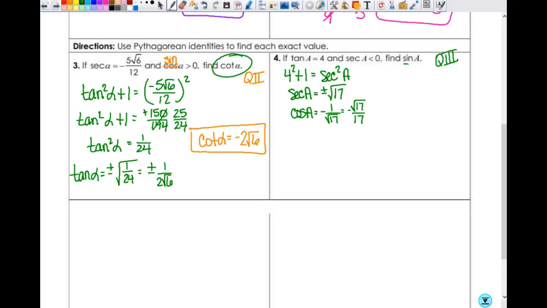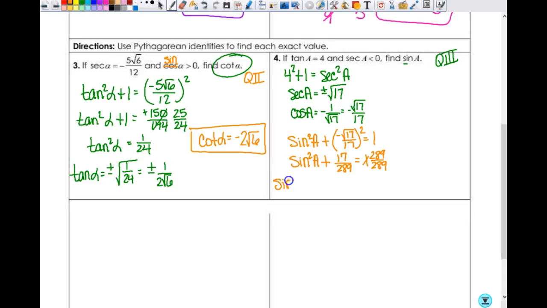And now that I have this, I can go and do the Pythagorean identity with sine. So sine squared a plus negative square root of 17 over 17 squared equals 1. So sine squared a plus, when I square this, it's going to give me a positive 17 over 289 equals 1. So I need to subtract this fraction from both sides, which means this 1 is really like 289 over 289.